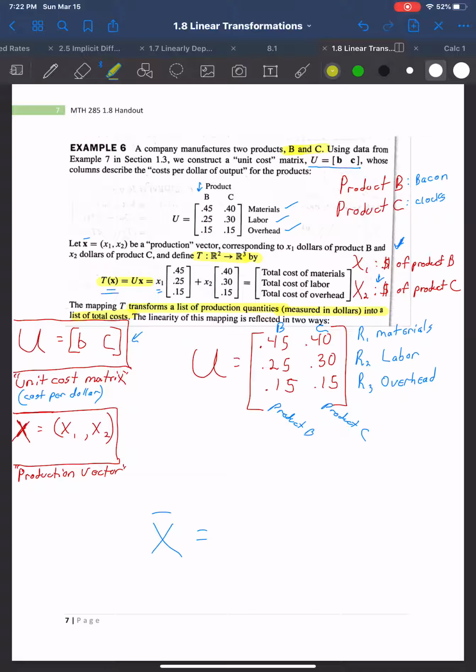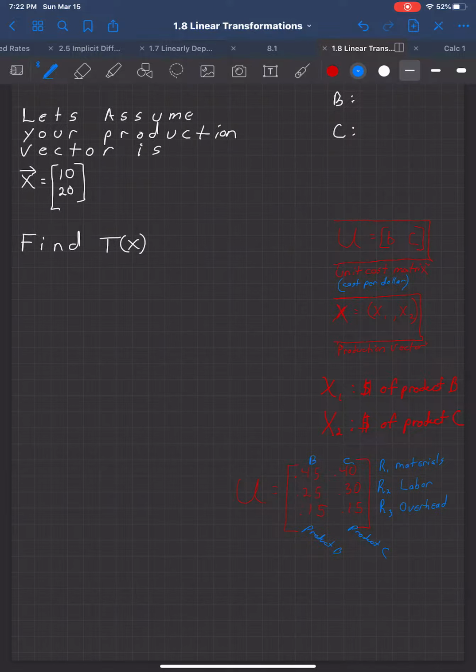Now, there's no question in the question, so I'm going to make it up. Let's assume you're back to your two products, bacon and clocks. One time in a previous semester, I said your two products are bacon and cats, and somebody didn't like that, so I changed it to clocks.